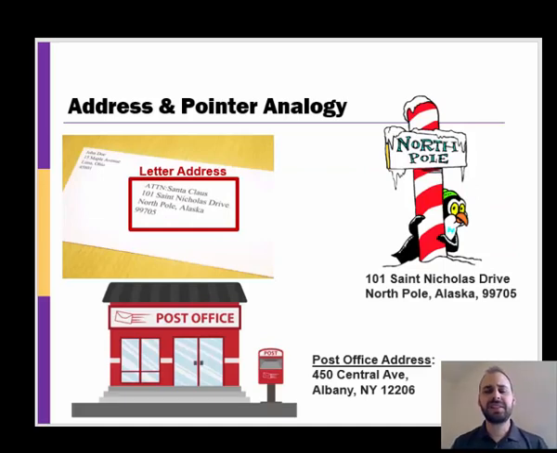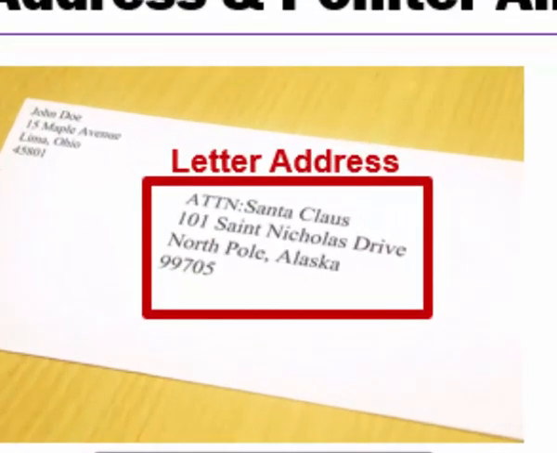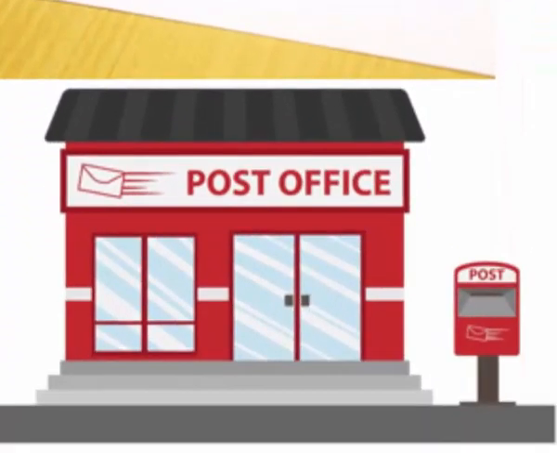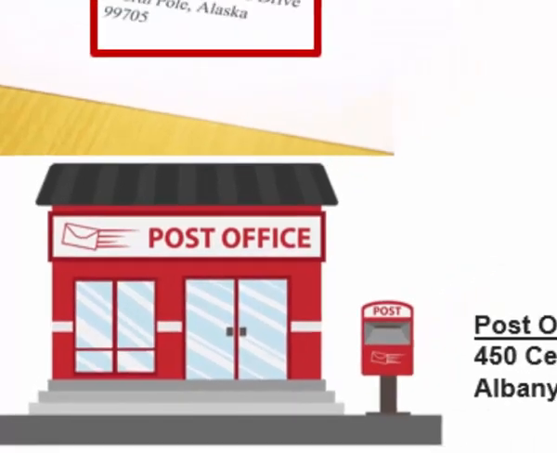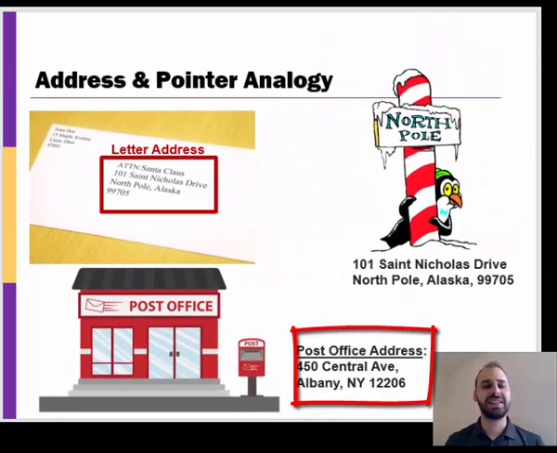Okay, so let's think of this example where we're looking at a letter. Let's imagine this letter is physically located at this post office in Albany, New York. The post office resides at a physical location.